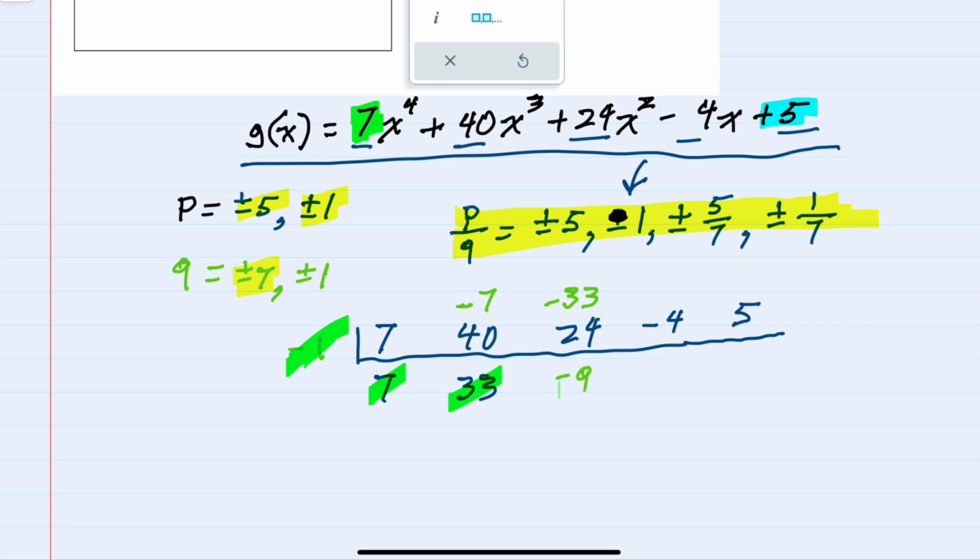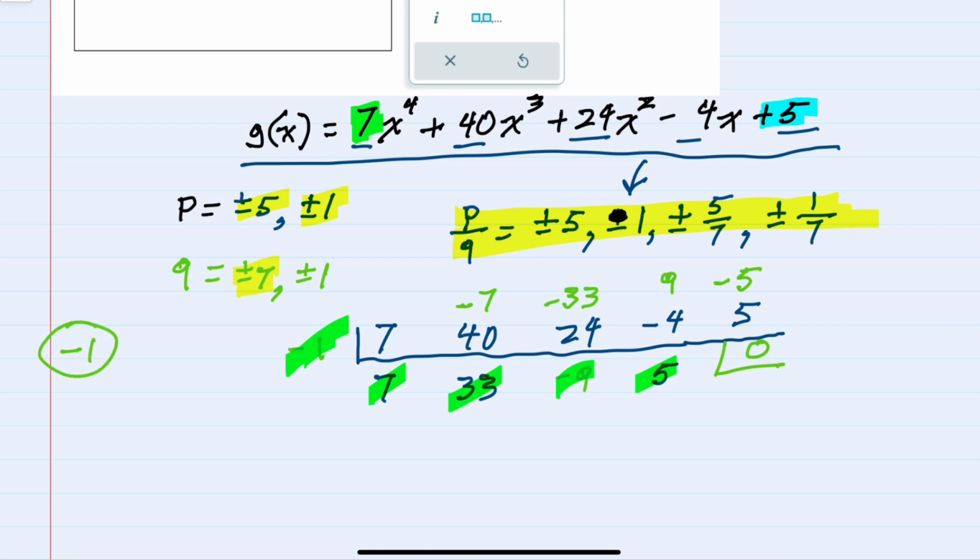Negative 1 times negative 9 is a positive 9, which adding to negative 4 gives us a 5. And this is going to work for us. Negative 1 times 5 is negative 5. So we have our 0 remainder. We found our first 0 is negative 1.